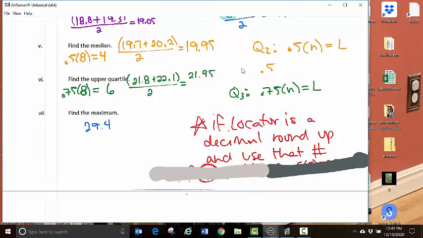So you round up and just use that number. And when I glanced at the test yesterday, it said, P.S. use the locator method in your book. And honestly, I really think they did that because either they want to make sure kids are reading the book or it was already made in that program and they didn't want to have to make a new one. So here's an example of that.